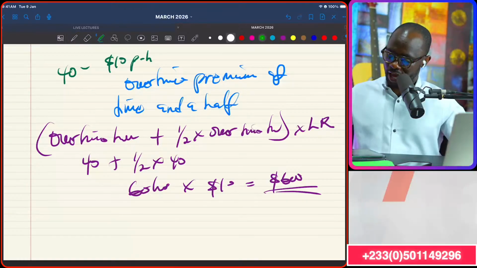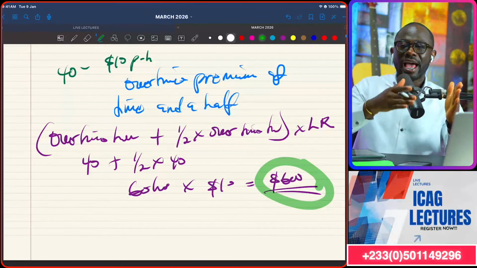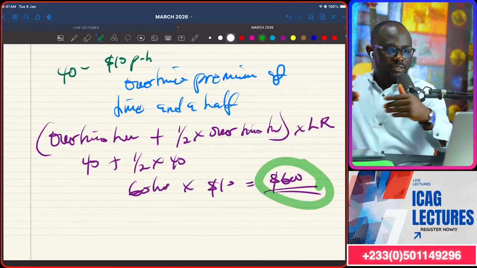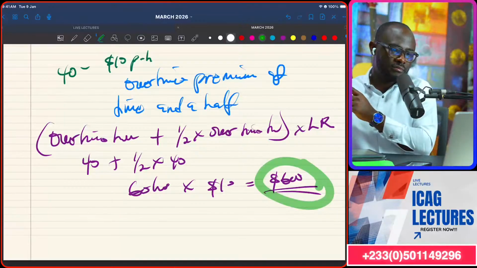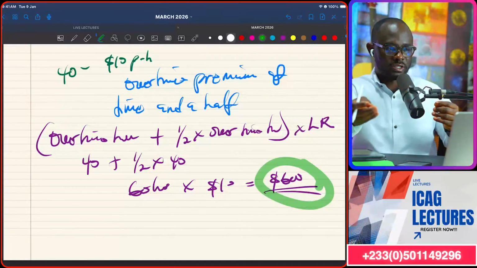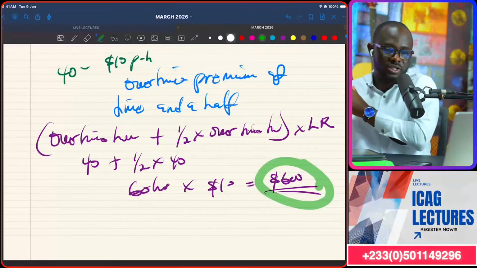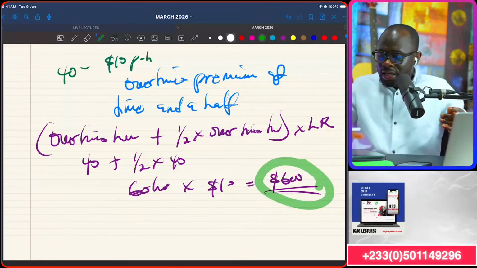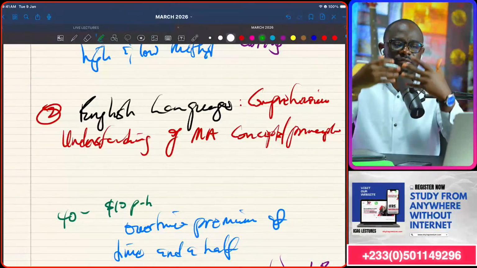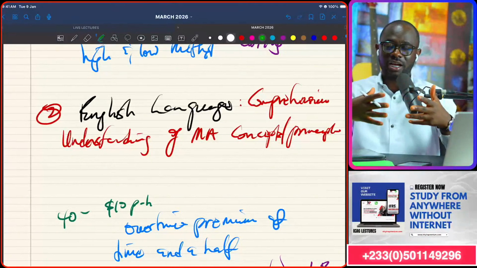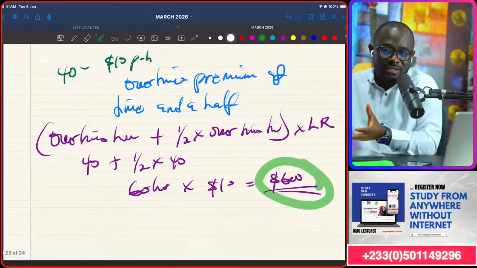That is my overtime premium. If it says time and a third, it means 40 plus 1/3 of 40. Time and a quarter, it means 40 plus 1/4 of 40. This is what I mean by comprehensive understanding of management accounting concepts and principles. This is the English part.